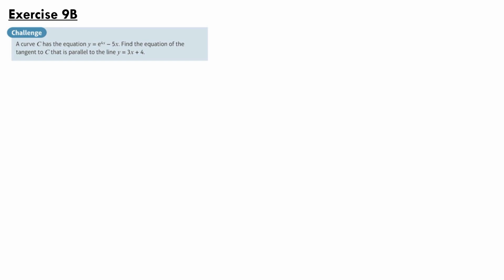So first things first, if the tangent is parallel to y equals 3x plus 4, then the gradient of the tangent must also be 3. So the gradient of the tangent is equal to 3, and that means that the derivative, so dy by dx, at the point of the tangent has to also equal 3. So let's find out what dy by dx is, and then set that equal to 3.